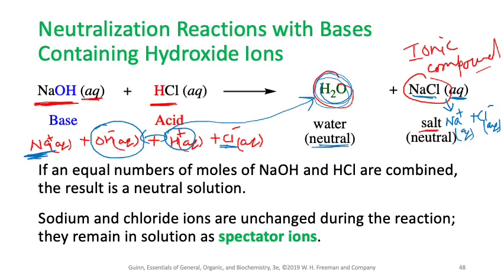But what about the sodium ion and chloride ion? If you can see on both sides, reactant as well as product, they are present the way they were present in the reactant. Na+ aqueous, Cl- aqueous. In the product, Na+ aqueous, Cl- aqueous. So they are basically doing nothing. They are not doing any reaction with each other in neutralization reaction.